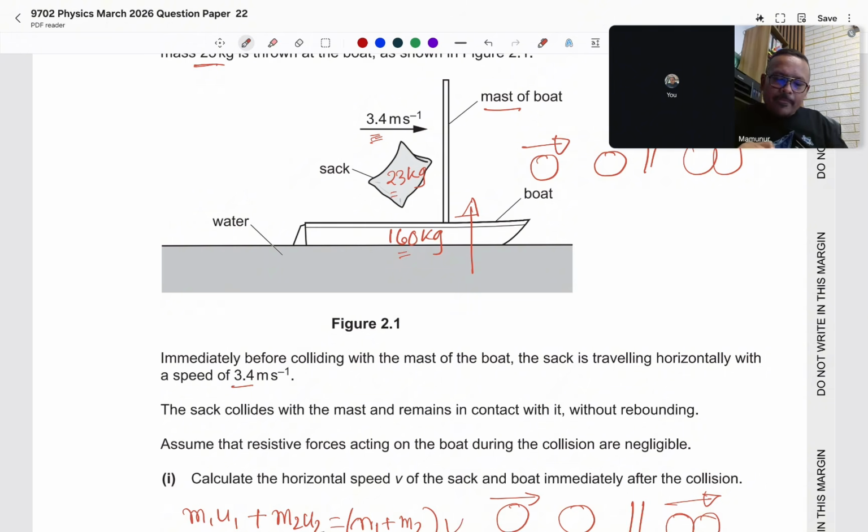It is at rest, means weight is acting downward, upthrust is acting upward. So they are in equilibrium, means if we can calculate weight, that is equal to the upthrust.